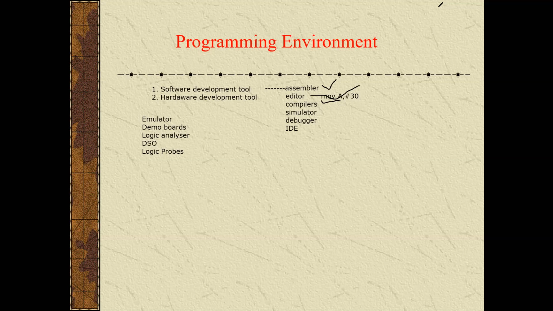With the help of the debugger, we can stop the program execution after each instruction so that we can check or alter the memory and register contents. In other words, we can put a breakpoint into the program and execute the program from one breakpoint to another.